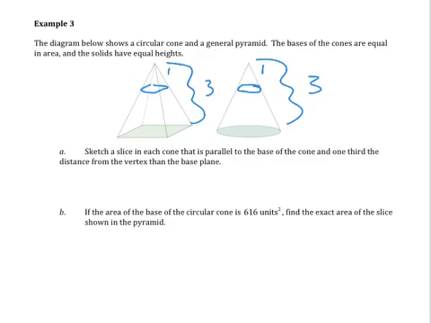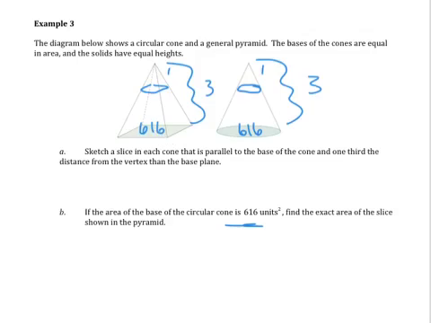If the area of the base of the circular cone is 616, and we said that the bases are equal in area, that means the area of the pyramid is also 616. We want to find the area of this slice here. And again, it's just using the scale factor. So I'm going from big to little.